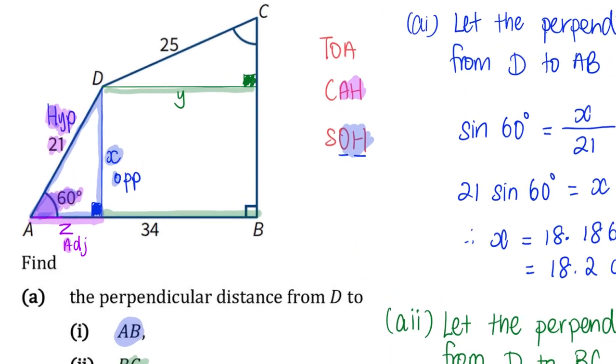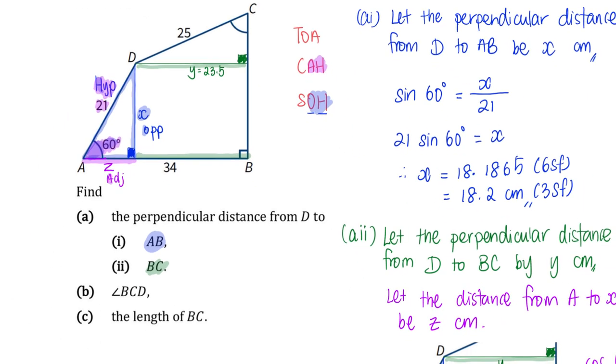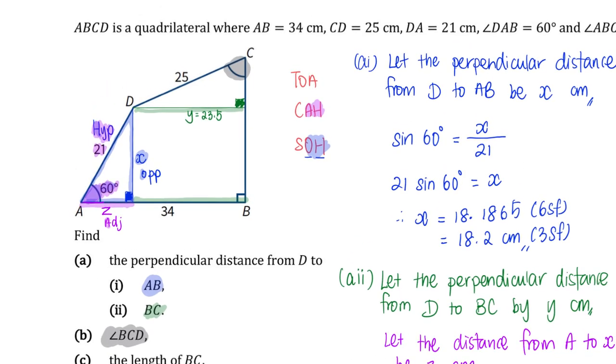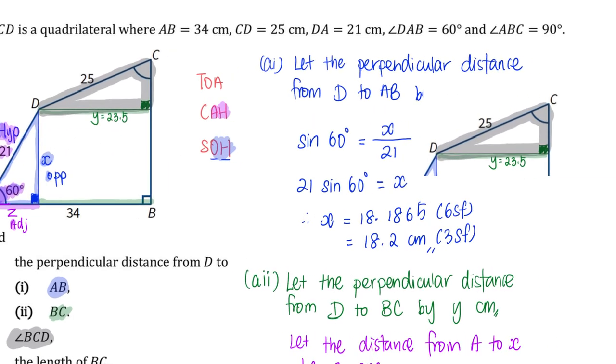Okay, now that I know my Y is equal to 23.5, I will just write it down there. Find the angle BCD, which is this highlighted angle there. Then we could just focus on this particular right angle triangle. So for part B, I'm going to just cut this triangle out and do it at the side, okay?